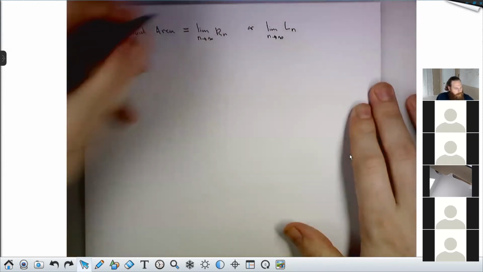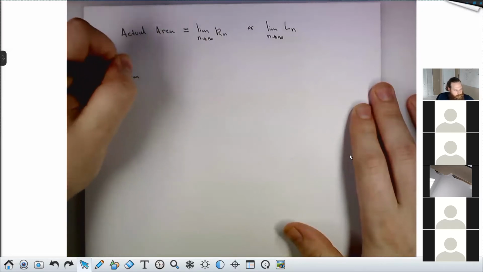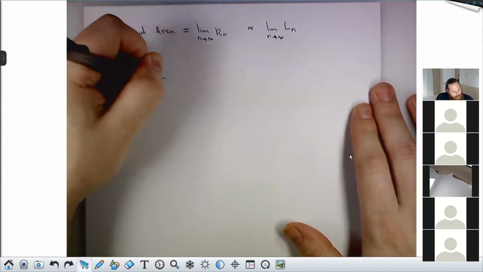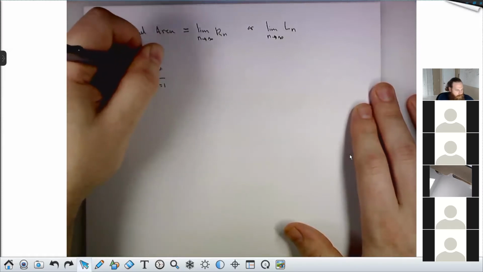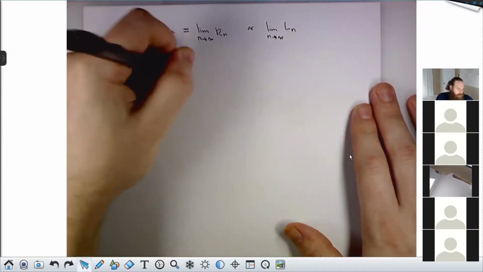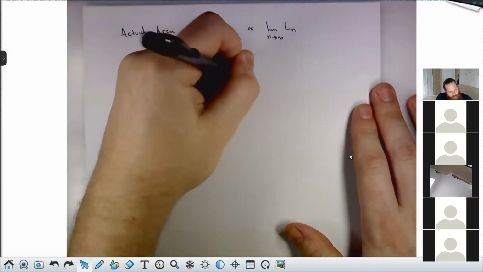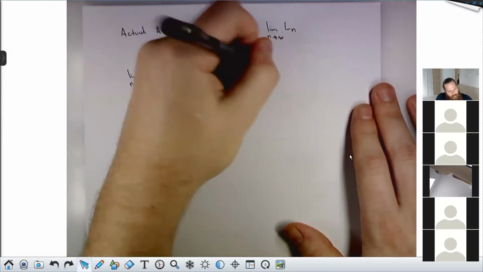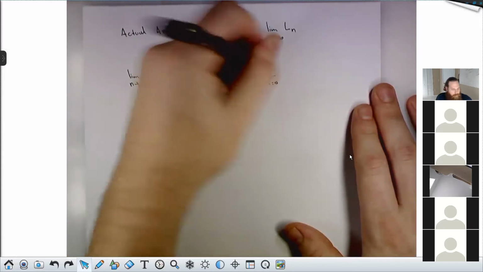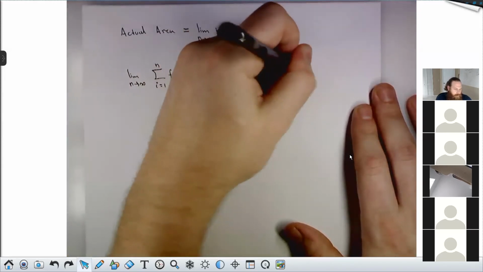If you plug in for Rn, this is either the limit as n goes to infinity, sum i from 1 to n, f of xi times delta x, or limit n to infinity, sigma i from 0 to n minus 1, f of xi times delta x.